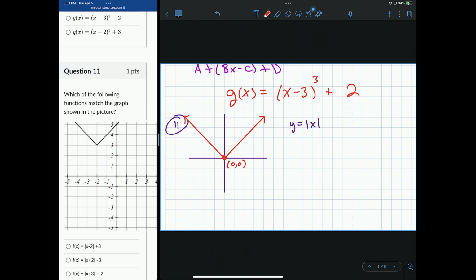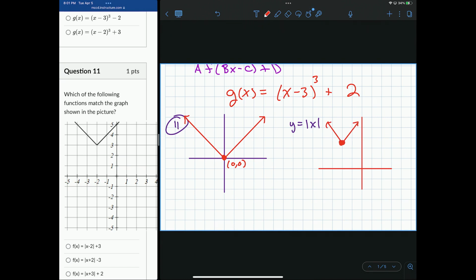So kind of what you can do is you can just look at the one that's there, and you can look at where the corner is, right? Like on the one that they've got graphed, they've got a V graphed, right? But where is that corner?